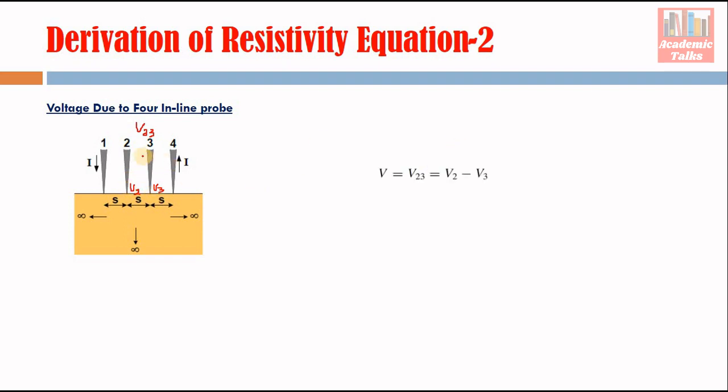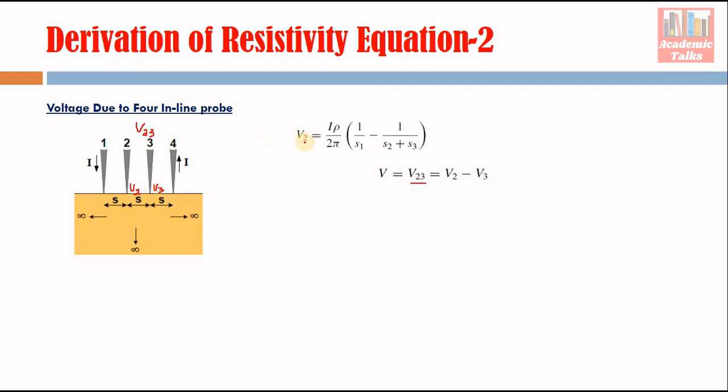So this V which we are measuring between probe 2 and probe 3 is actually V23, and this V23 is V2 minus V3, meaning the potential difference appearing at this point and this point. So first we have to find out the potential at this point V2, and then the potential at this point V3.